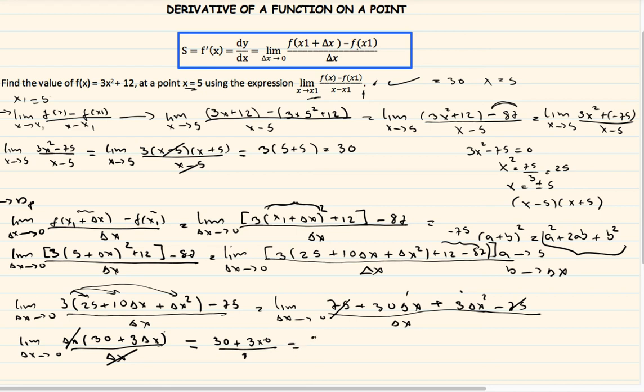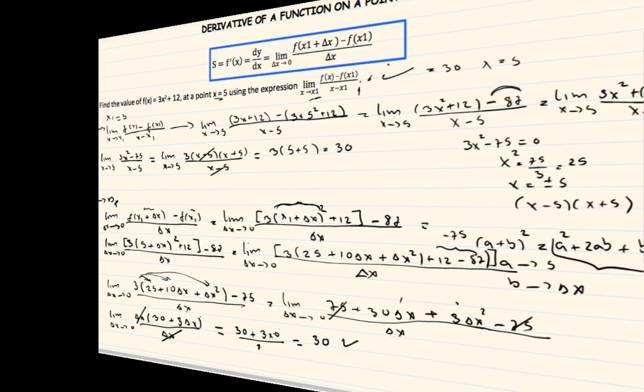This gives us 30. This value is the same as the value we had when we calculated using the first given expression. With this, we can conclude that the definition of derivative extends also to this expression when we are talking about a point on a function.